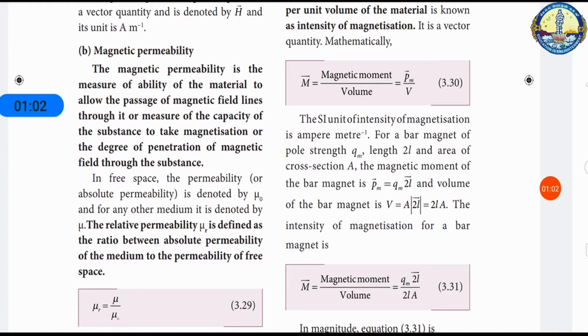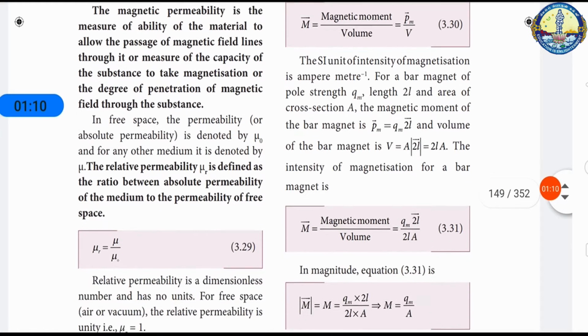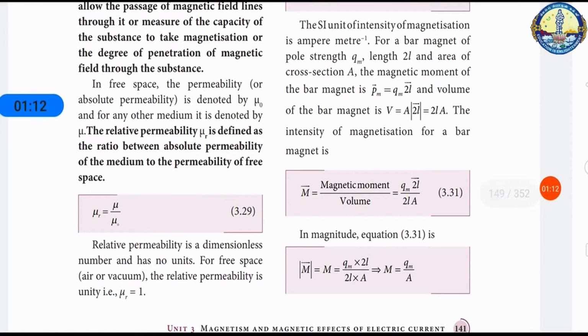In free space, the permeability is denoted as mu naught, and for any other medium it is denoted by mu. The relative permeability mu r is defined as the ratio between the absolute permeability of the medium to the permeability of free space, that is mu r is equal to mu by mu naught.